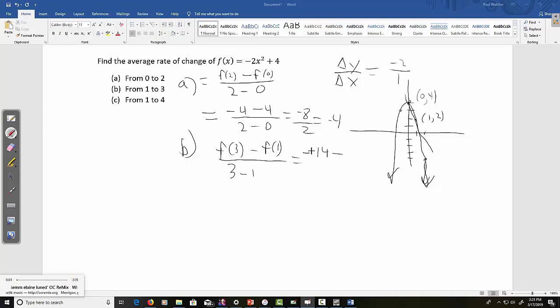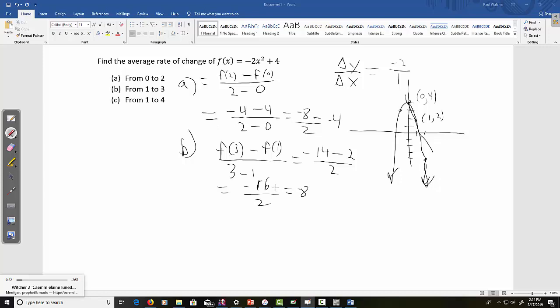Didn't I do that one? Yeah, I did do that one. That's 2. Over 2. So that is negative 16 over 2. So that is negative 8.